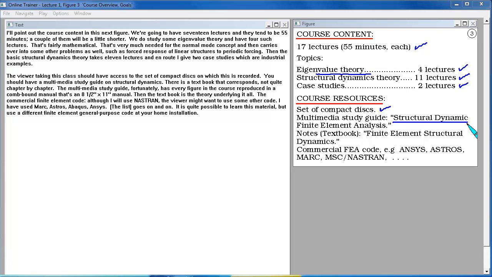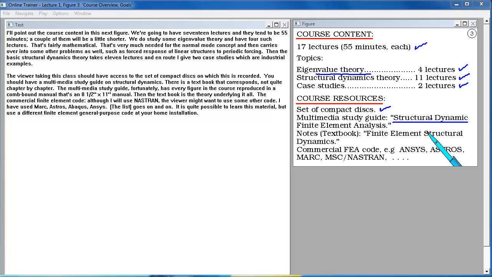There is a textbook that corresponds, not quite chapter by chapter. The multimedia study guide fortunately has every figure in the course reproduced in a comb-bound manual that's an 8.5 by 11 manual. Then the textbook is the theory underlying it all.